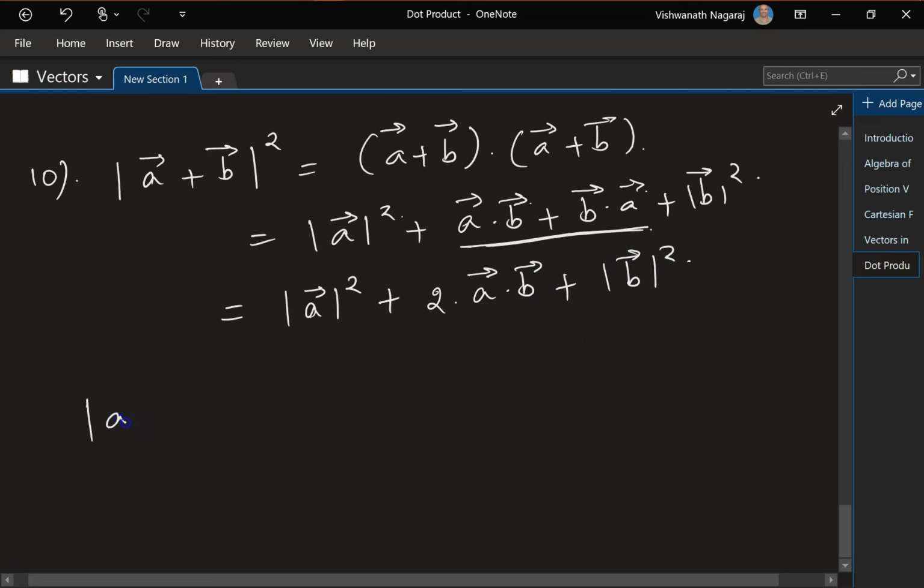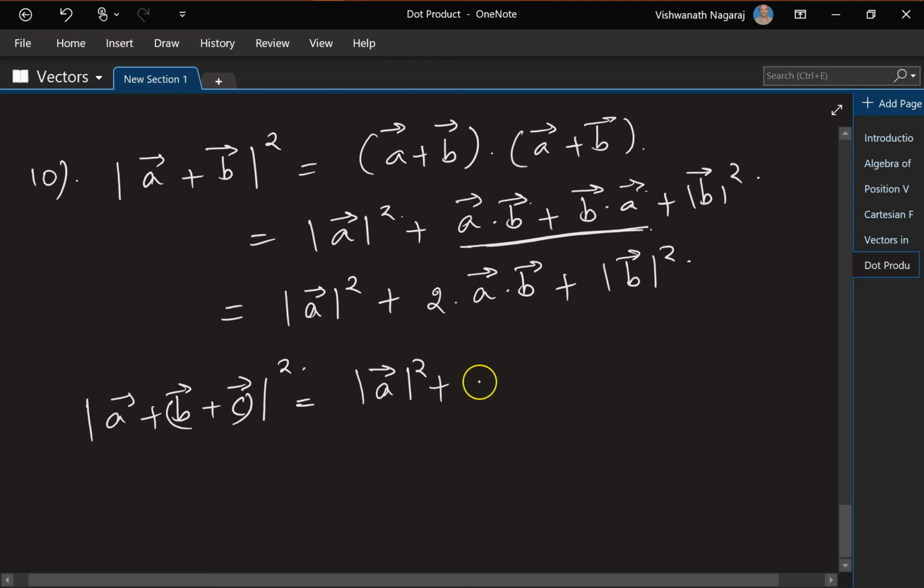Now which means A plus B plus C square would be equal to what? We'll take this like this.